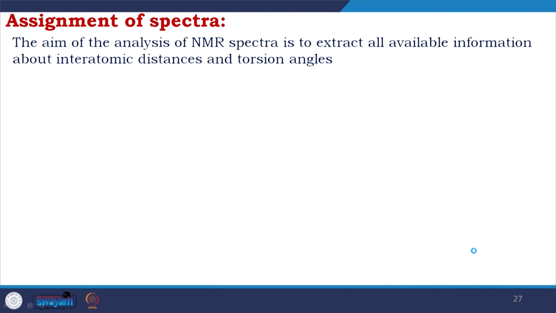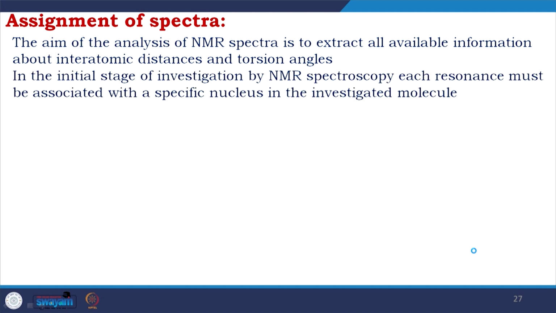Coming to the assignment, we are talking about assignment, but what is assignment? The aim of the analysis of NMR spectra is to extract all available information about interatomic distances and torsion angles. In the initial stage of investigation by NMR spectroscopy, each resonance must be associated with a specific nucleus in the investigated molecule, and this process is called assignment.